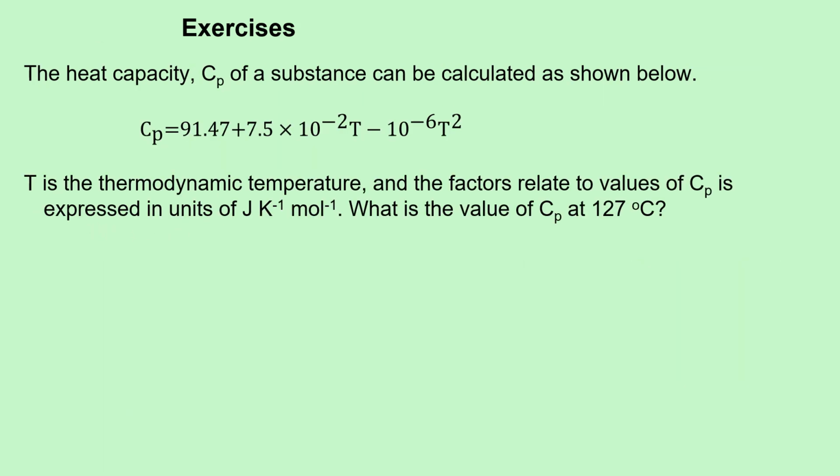Okay, let's look at this exercise. The heat capacity with the symbol Cp of a substance can be calculated as shown below. This is the formula to get the Cp. And T is the thermodynamic temperature. The factors relate to values of Cp expressed in units given here, joule per Kelvin per mole.